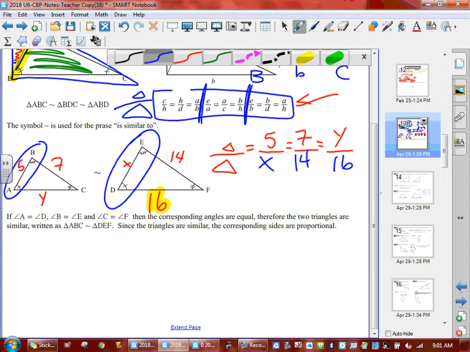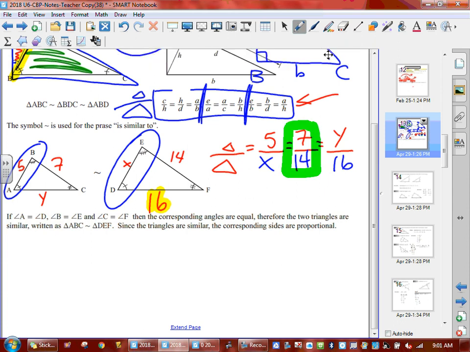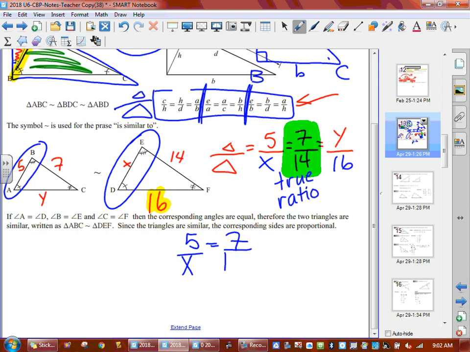So, when we have a fraction that is a complete fraction, where it's a number on top of a number, that's called our true ratio. So this true ratio, that's the one that we always cross multiply and divide by. I'm going to rewrite the equation now. I have 5 over x equals 7 over 14.